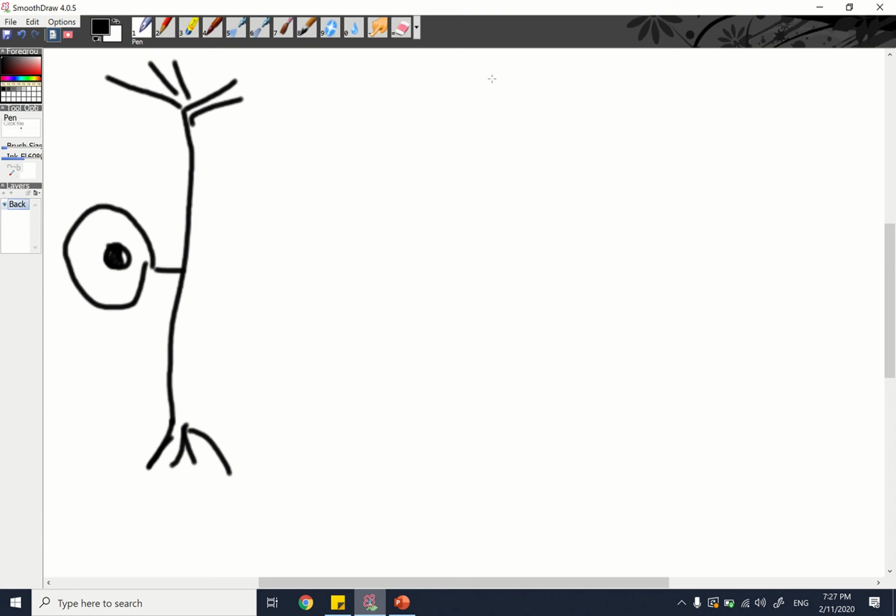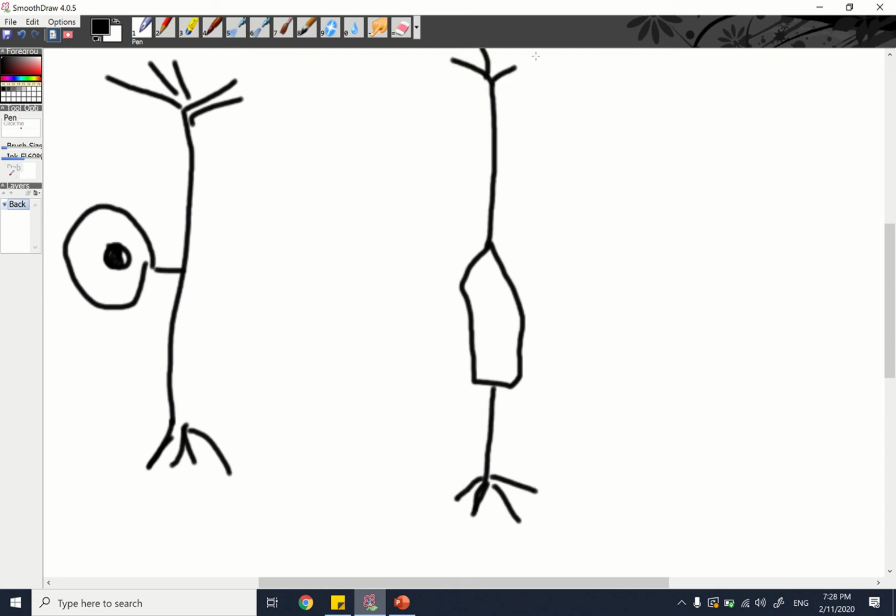And the second type is interneuron. Like the name suggests, the position of the cell body is actually in the middle of the neuron. Pretty awkward space. But the reason for this is interneurons are the neurons present in the central nervous system, and the neurons in there don't really go to anywhere, so they don't send message to or from anywhere.